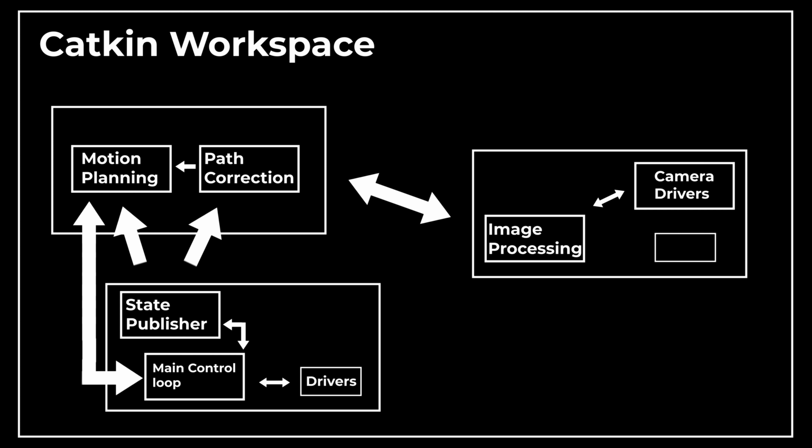And below, in the motor control package, the motion of the motor is controlled through drivers, and then that data in a loop is given back to the motion planning and path correction nodes. So this is just to explain how these packages and nodes work together and send data to each other in order for the robot to work.